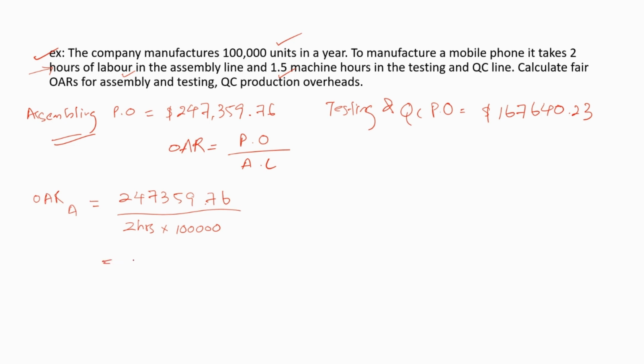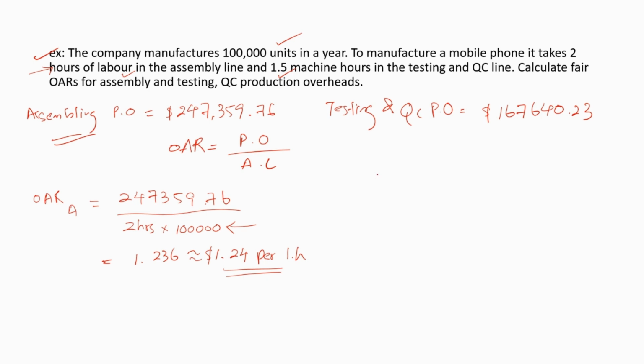This is equal to 1.236. Let's round it off to 1.24. This is a per labor hour value because we used hours in the denominator. So this will be $1.24 per labor hour.